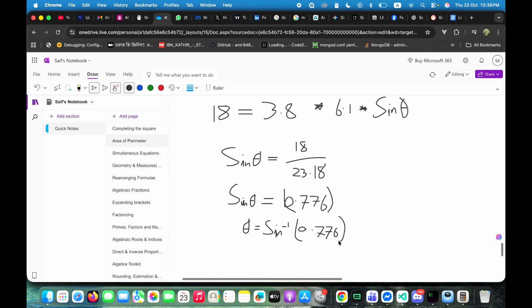Okay, so this should be the value of theta.